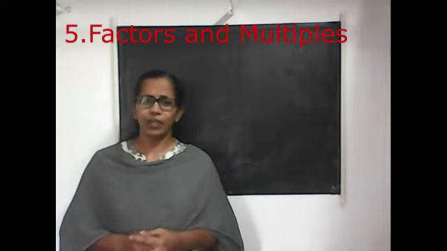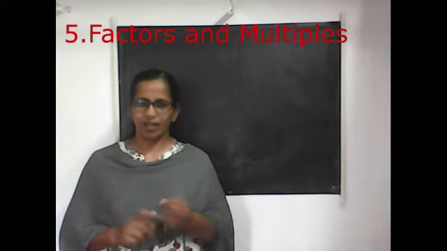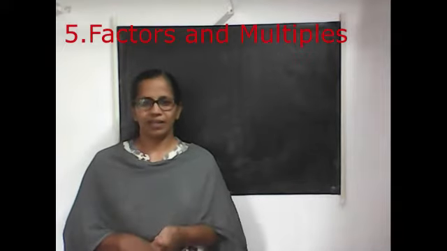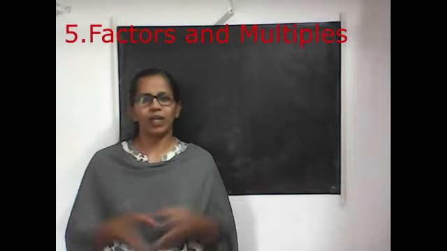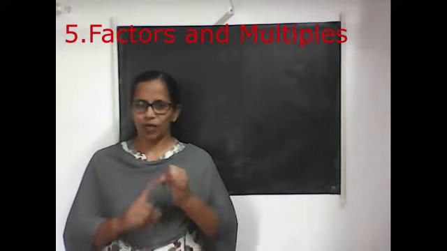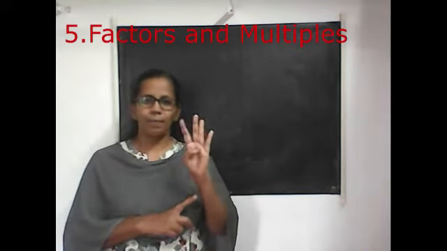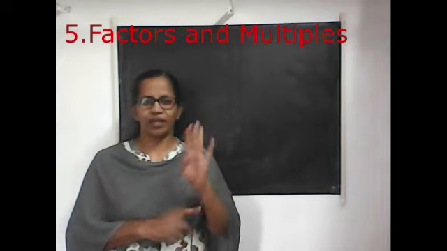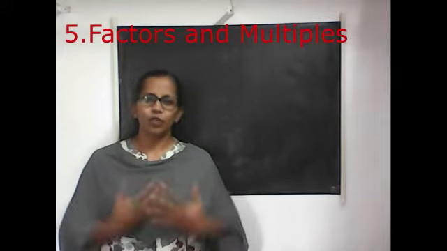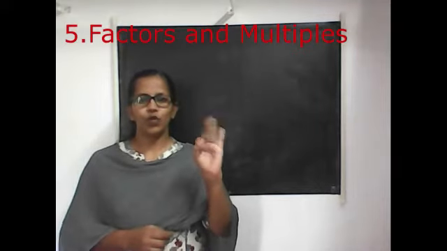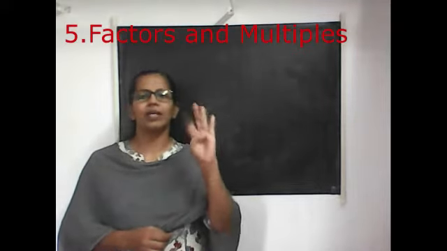What are the ingredients we need? Yes, water, tea powder, sugar, milk. If we have these things, we can make a tea. Four ingredients. I can also make a tea with water, tea powder, sugar, and instead of milk I can use milk powder.